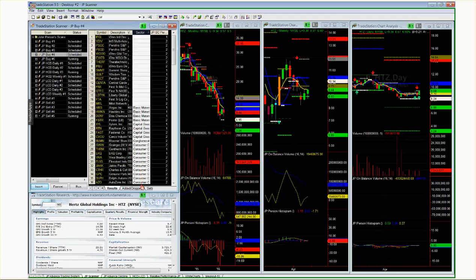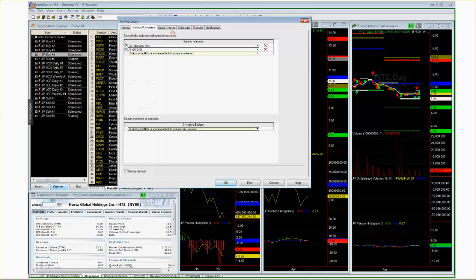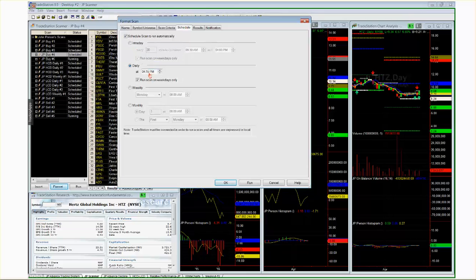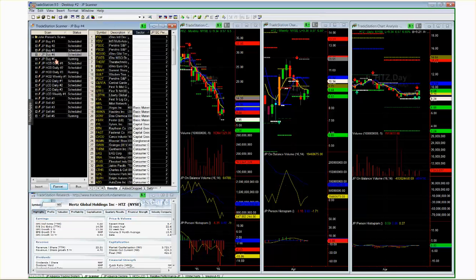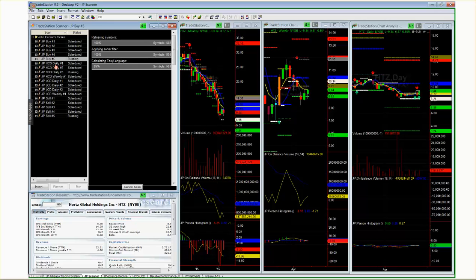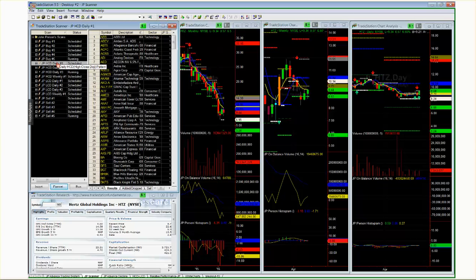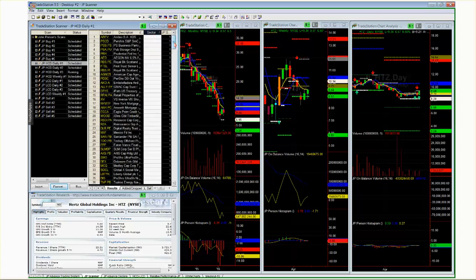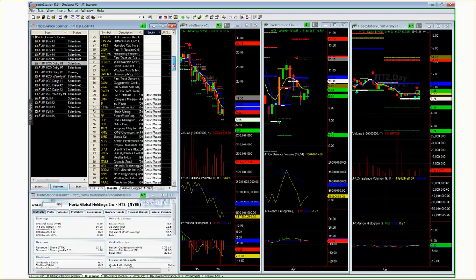Now, I did run, like I say, I run these scans every single day, and if we go over here to this word called format, you'll see that it is scheduled at 4:15. It hadn't quite finished. As you can see, we're running buy signals and sell signals. And so I can actually find out in a given day exactly where the strength or weakness is on basically a concentration of areas.